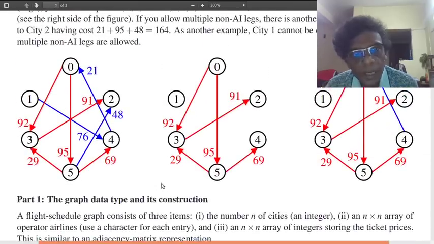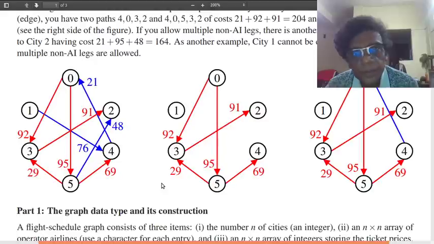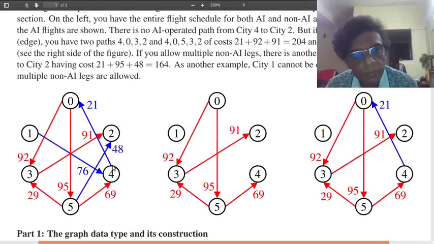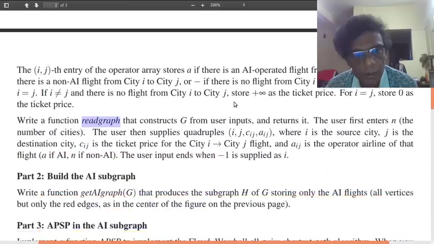Another example that I forgot to mention: if I look at 1 to 0, AI does not provide any service from 1 to 0. If you allow only one blue leg, then also you cannot connect 1 to 0. Only when you allow two blue edges, 1 to 4 and then 4 to 0, can you connect 1 to 0.